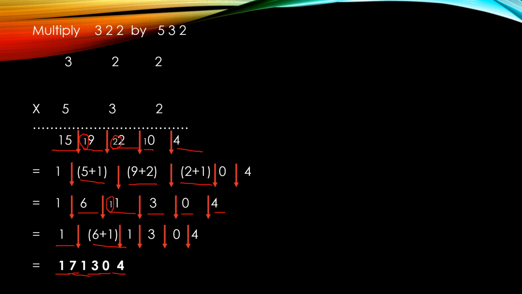Now you get the number 1,71,304. When we multiplied 322 with 532, we get the number 1,71,304. We apply the sutra vertically and crosswise of Vedic mathematics in 3-digit multiplication.